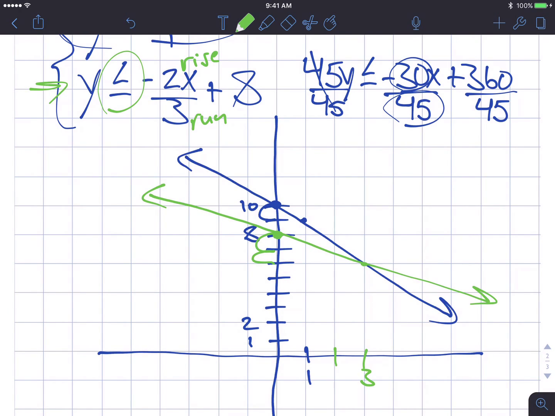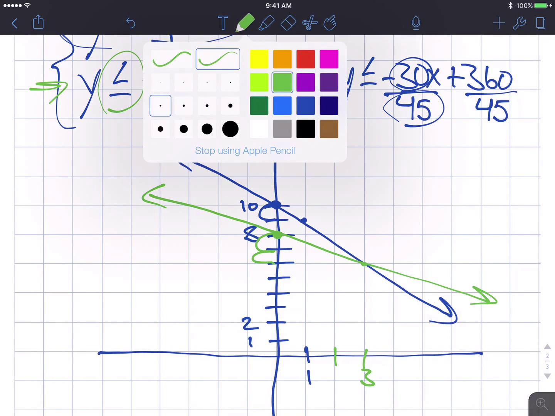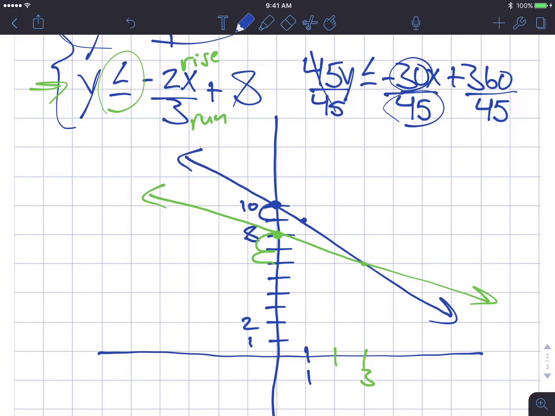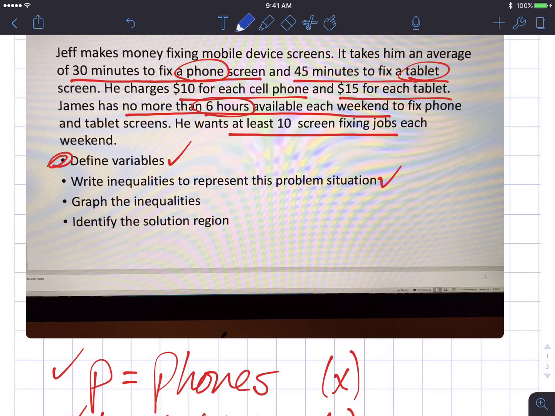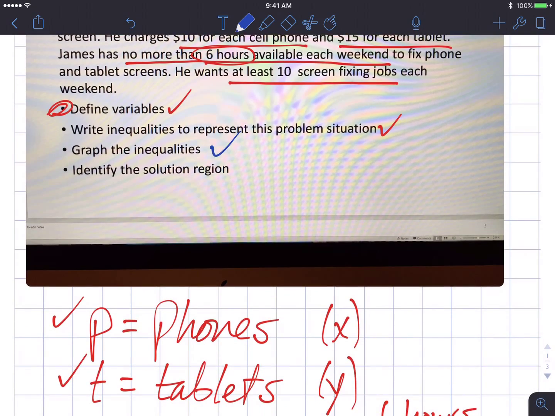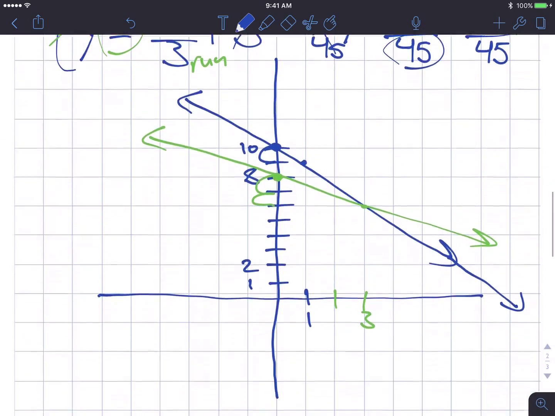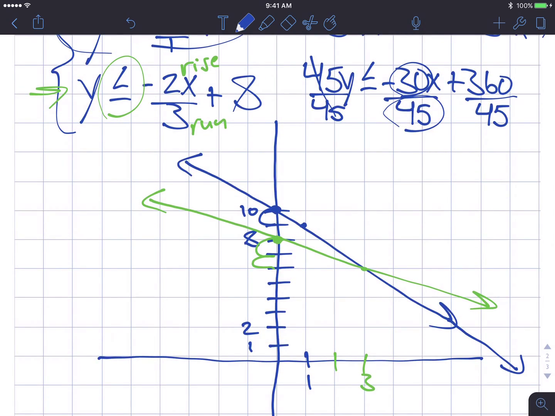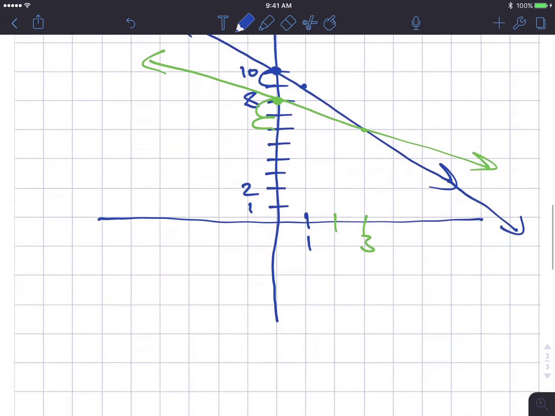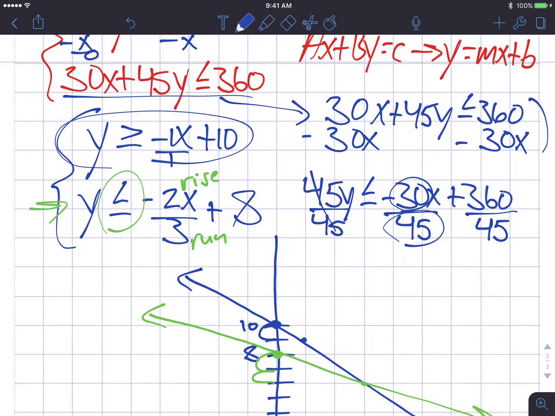Okay. Now, the trickiest part of them all is determining where to shade. Okay. So did we finish our graph? Yep, we graphed it. Last part, identify the solution region. It looks like a lot of math, but we actually did all this before. And so let's go ahead and just test points.